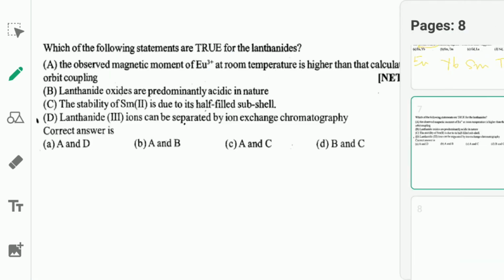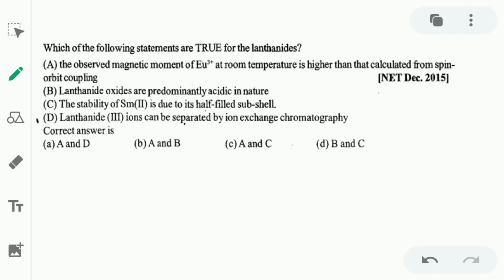Now the question says, which of the following statements is true for the lanthanides? So the main point we have to notice here is the true statement for lanthanides.